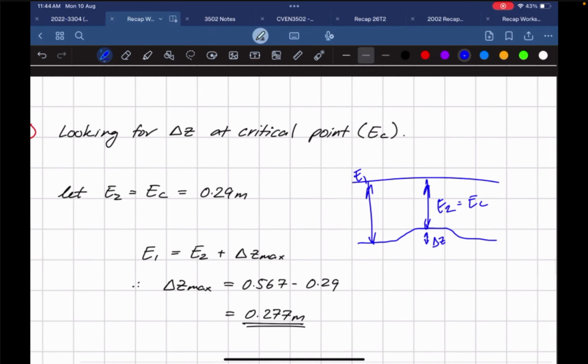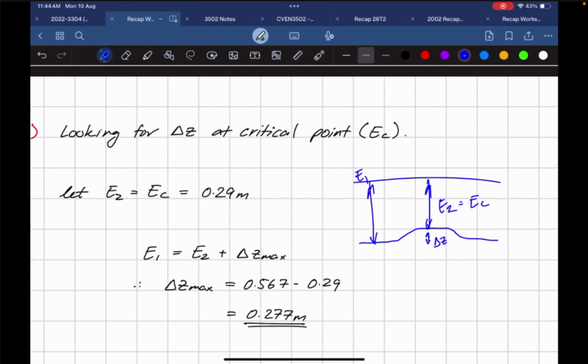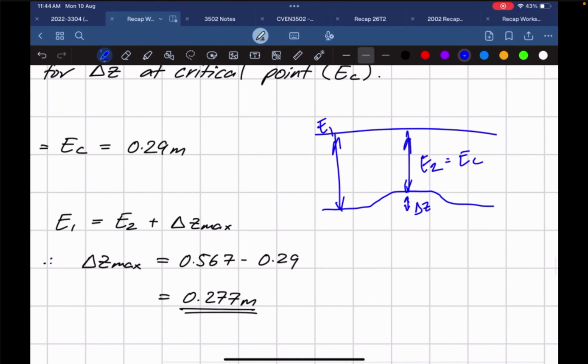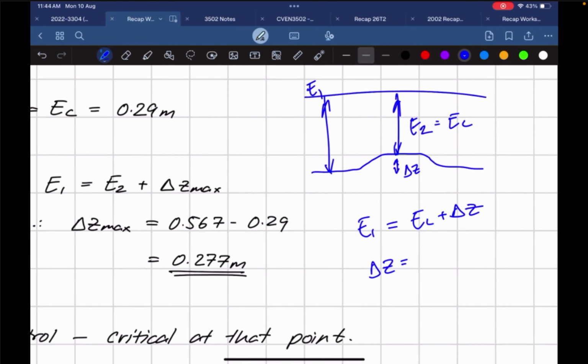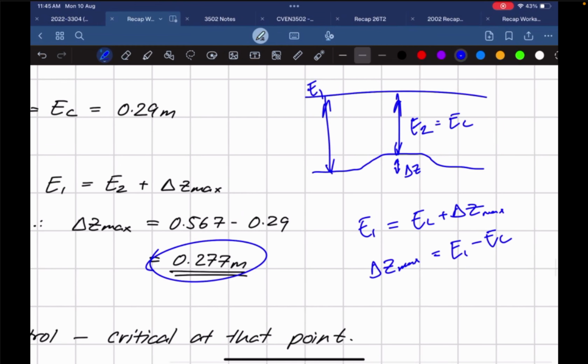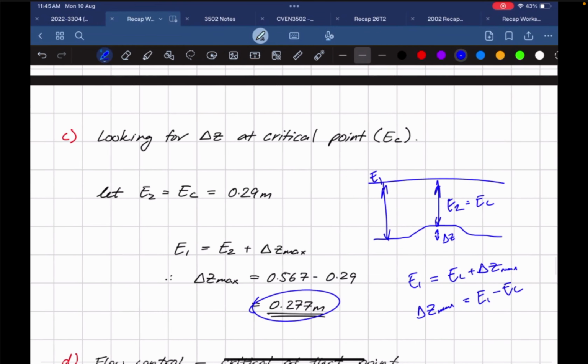It's flow control, and we're taking a look at the critical point EC. So we can say that E1, conserving our energy, is equal to EC plus delta Z, rearranging for delta Z max. It's going to be E1 minus EC, which you get over here. Any questions? Alright, amazing.